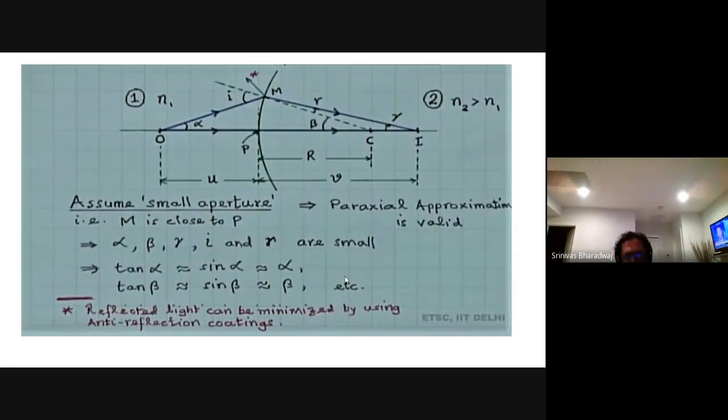Sine theta is equal to theta, and also almost equal to tan theta. So when these angles i and r are small, sine theta will equal theta. Therefore, n1 i will equal n2 r.